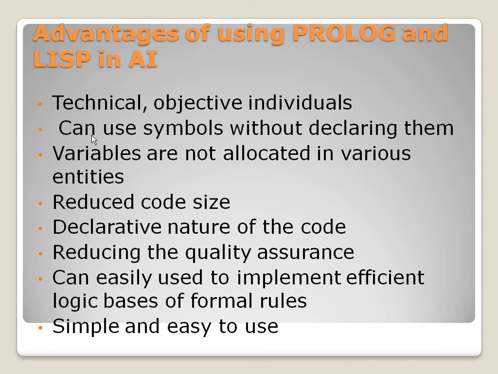The other advantages are that variables are not allocated in various entities, reduced code size, declarative nature of the code, reduced quality assurance, can easily be used to implement efficient logic based on formal rules. Last one is simple and easy to use.